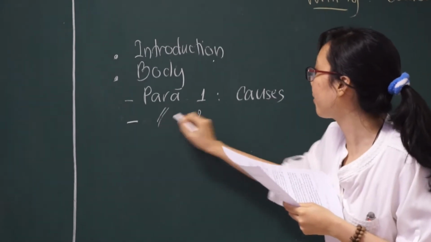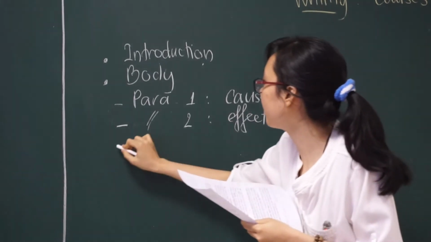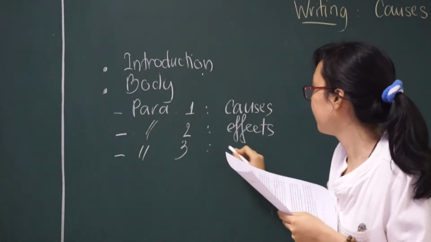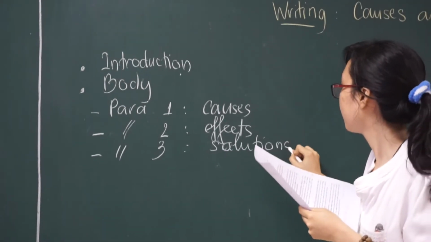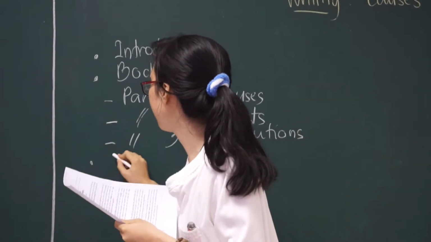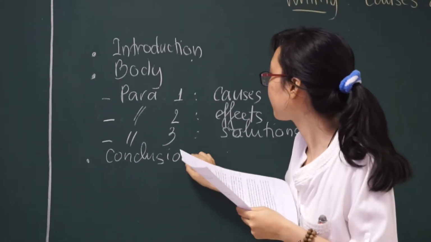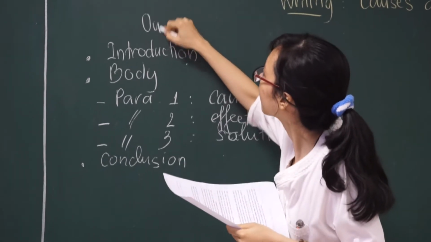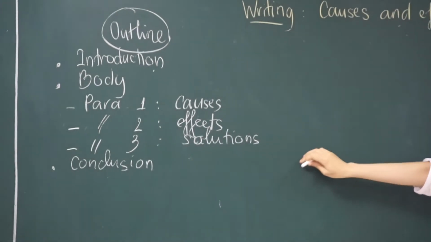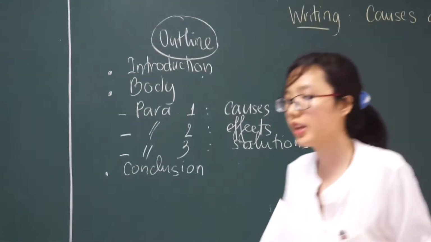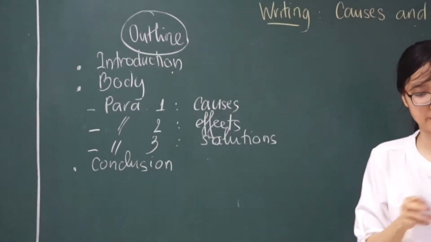For the second paragraph, it is the effects. And for the third one, the solutions. Last but not least, third, conclusion. So this is the outline that we will follow to write our essay about global warming today.